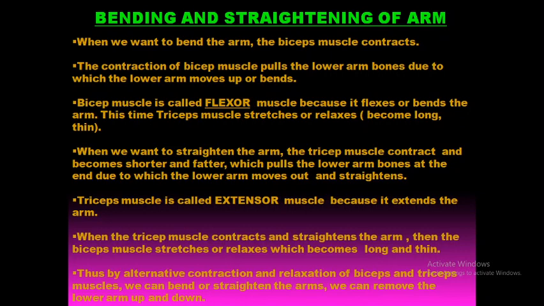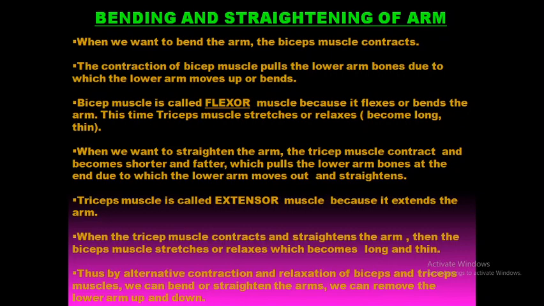The contraction of the tricep muscle pulls the lower arm bones at the end, due to which the lower arm bone moves out and straightens. So the tricep muscle is also called the extensor muscle. Why? Because it extends or straightens the arm.